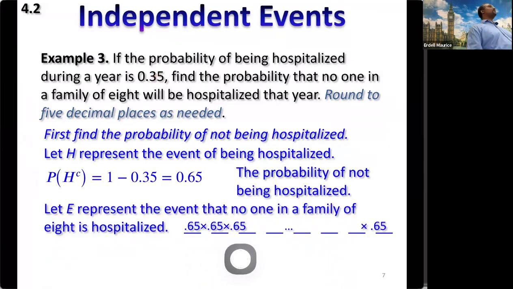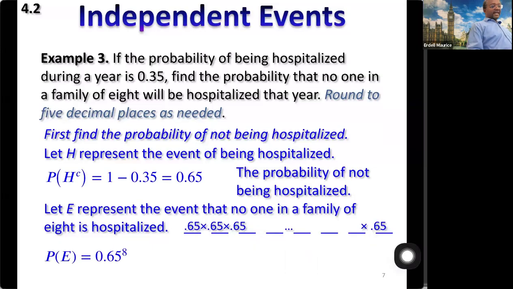The third, and the fourth, and the fifth, and the sixth, and the seventh, and the eighth? Aren't you glad you get these calculators? And so that's going to be 0.65 to the 8th power, and that's going to be 0.0318. There is only a 3% chance that nobody gets hospitalized.